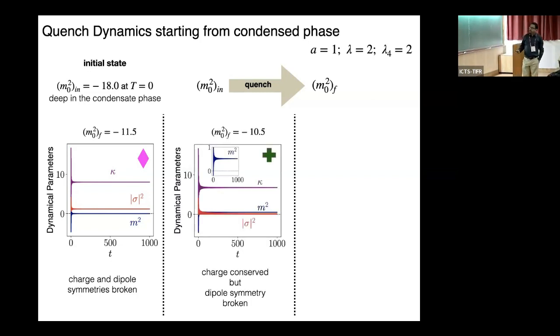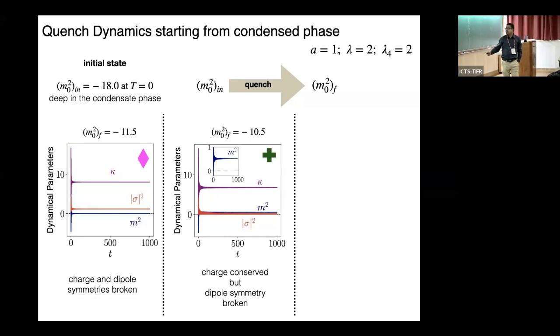What is more interesting is if I go to somewhere around -10.5, okay, my condensate has now gone to 0, but you can see that the gap has become finite, and once the condensate has gone to 0, the gap will become finite, and you can see it from this case where m square is actually 1.